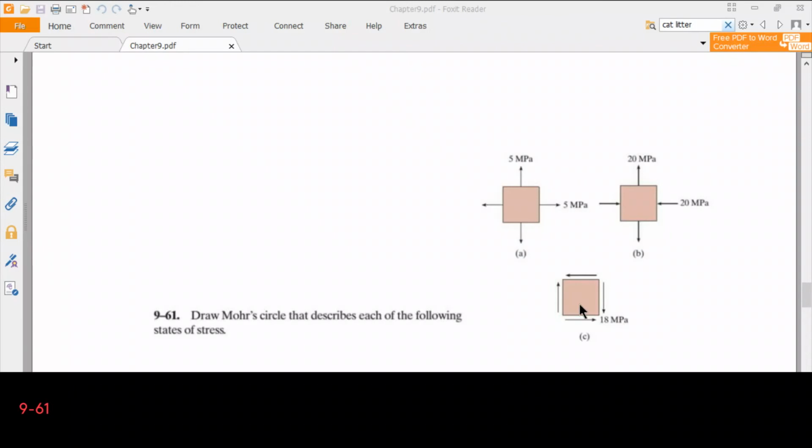So let's draw the state of stress for each, Mohr circle for it, sorry.